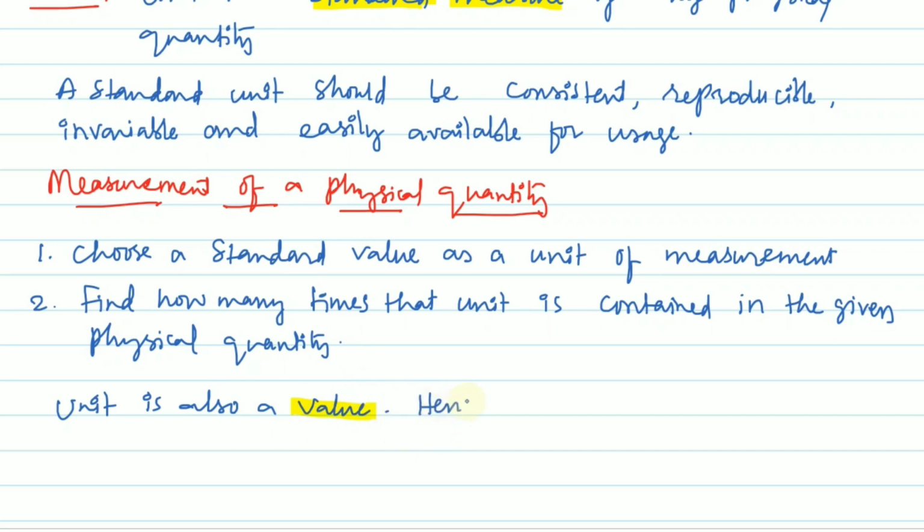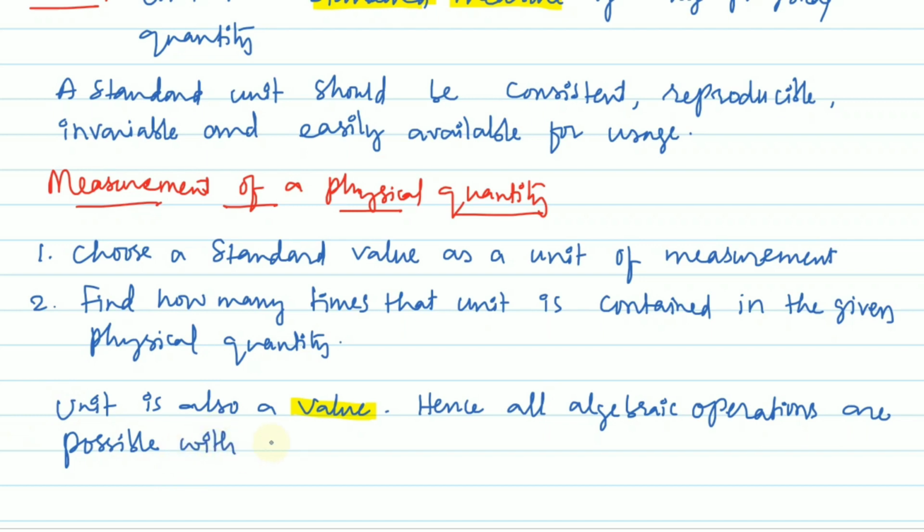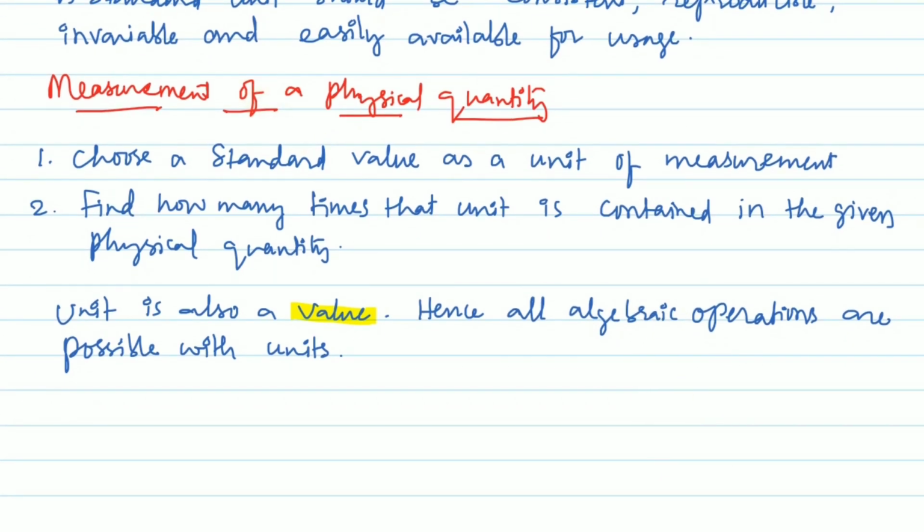Hence, all algebraic operations are possible with units. That means when we consider unit as a value, algebraic operations can be possible with units, right? Let's take an example to understand this concept.